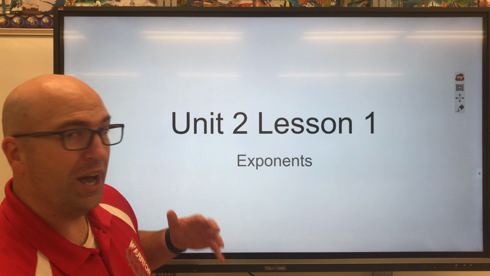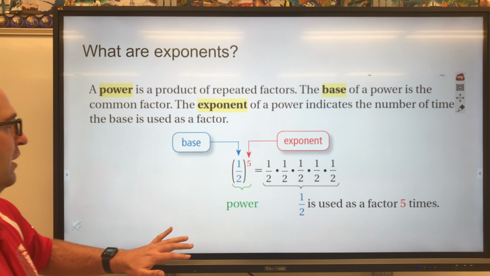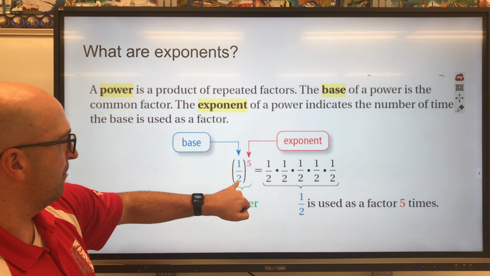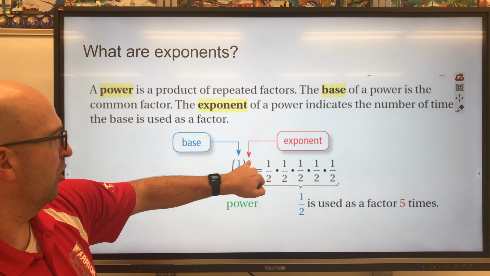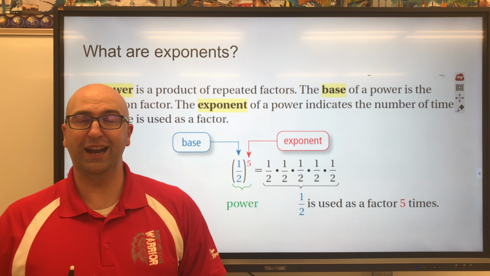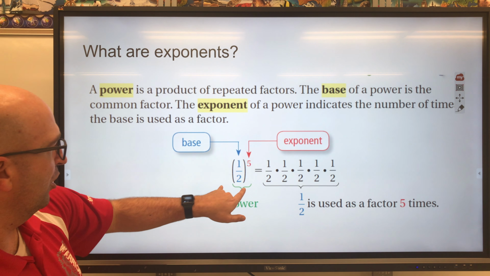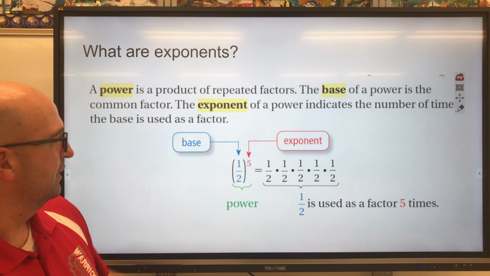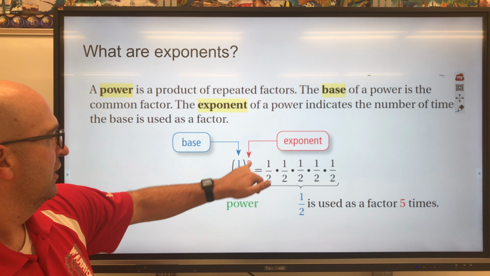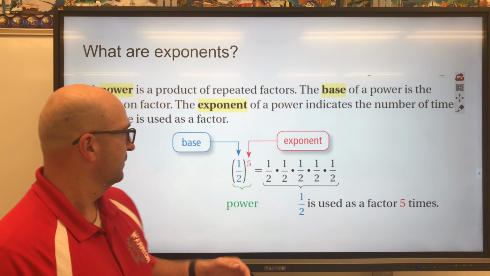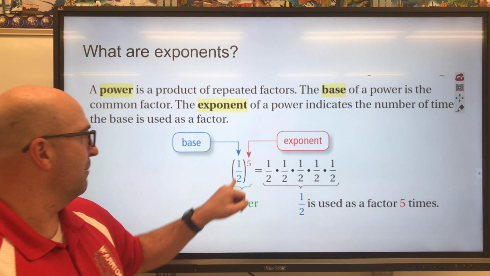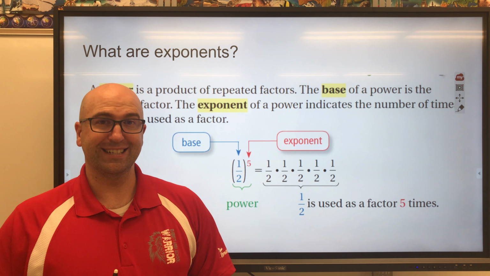So let's start off. What do we mean by exponents? Well, exponents are those numbers that have the small number up to the right of them. And we call that combination a power. So in this one, we have 1/2 to the 5th power. That 1/2 in this example is called its base.